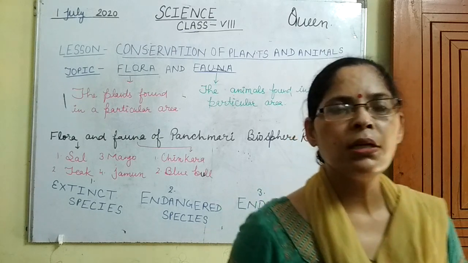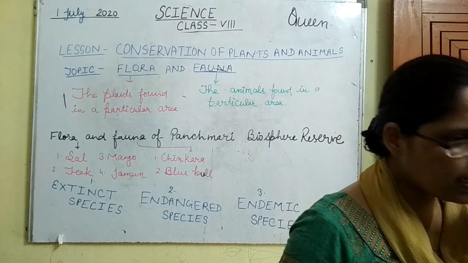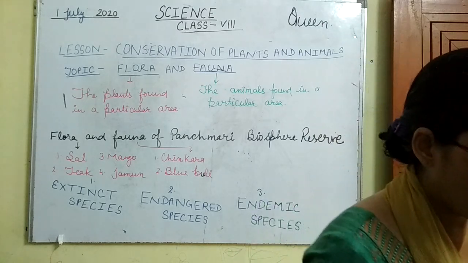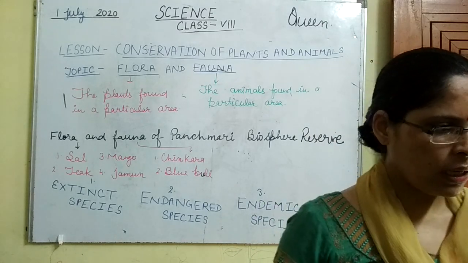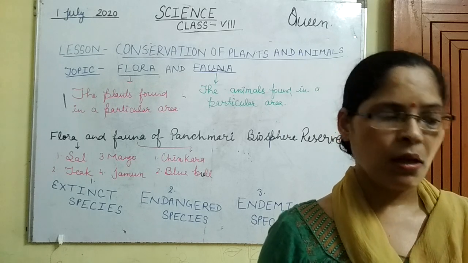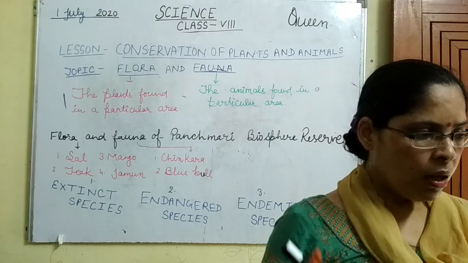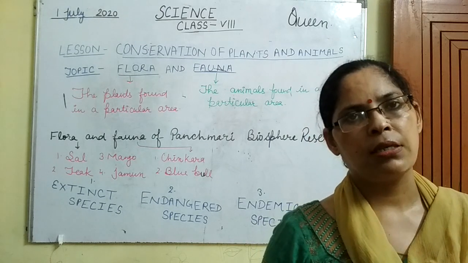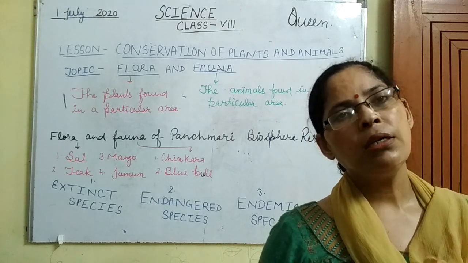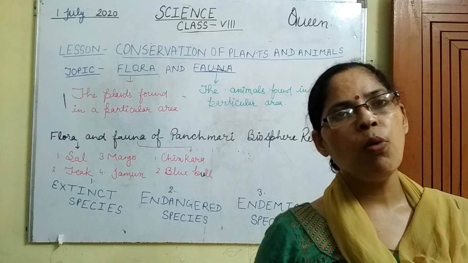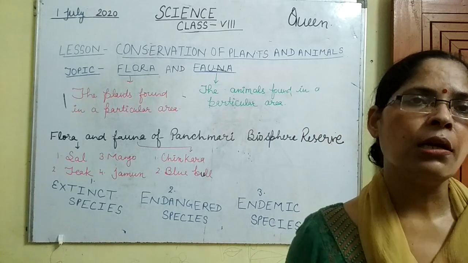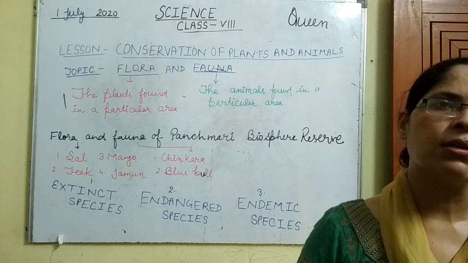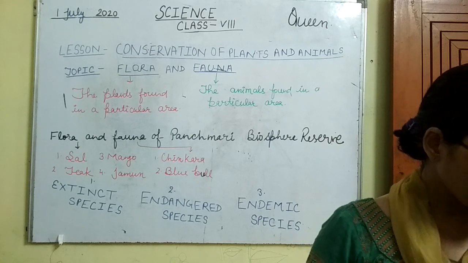So where is it present, student? It is present in South India. Okay, Nilgiri, and it is located in the foothills of the Nilgiri Hills. Do you know, students? It is a natural home of about 352 varieties of animals, birds and trees.